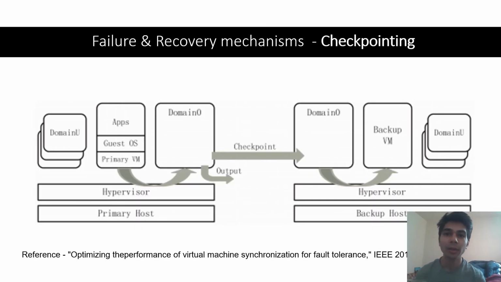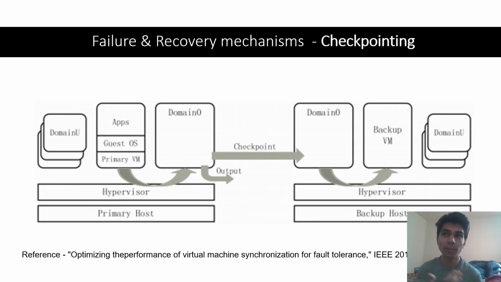Next, we look at the failure and recovery mechanisms, and the primary key component of this is checkpointing. So checkpointing is basically just a link between the primary host and the backup host that we want to back up our data into. So checkpoint acts as a runtime semaphore wherein the primary host creates some data and the backup host is kept on pause.